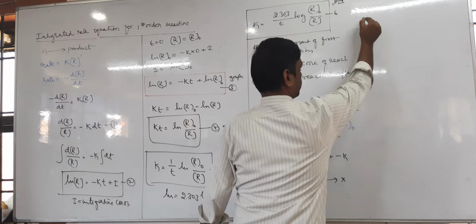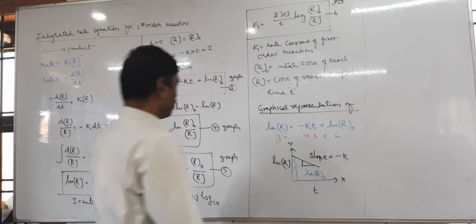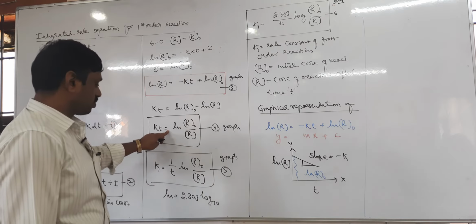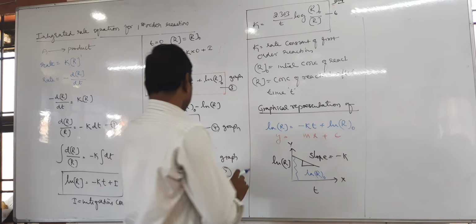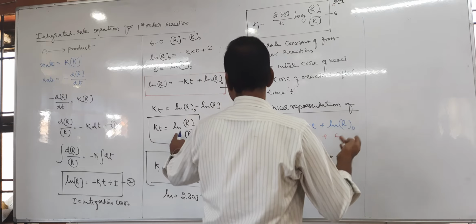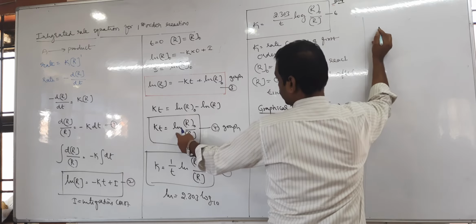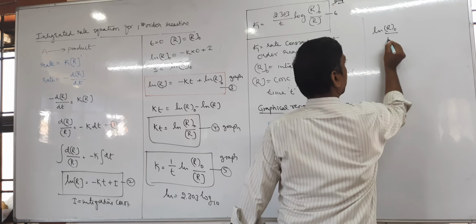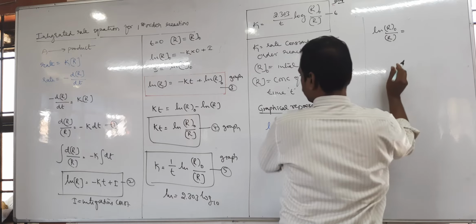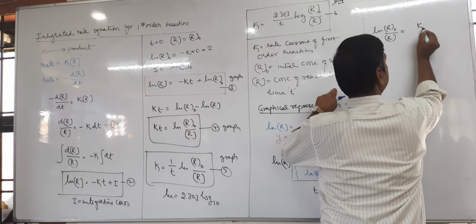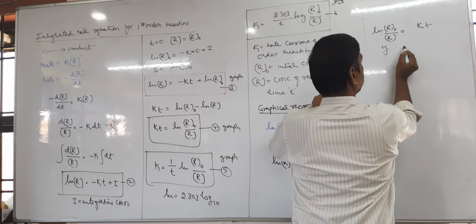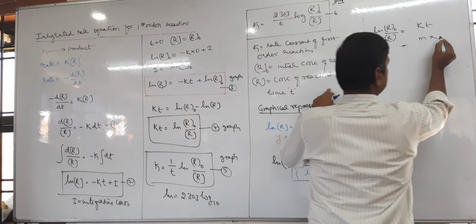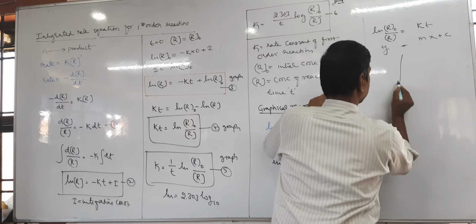Okay, next, so another graph, a graph is plotted for this also. Now let us take the second equation, ln R naught by R is equals to kt, right? So let us take, it is y equal to mx plus c, intercept is 0, right?